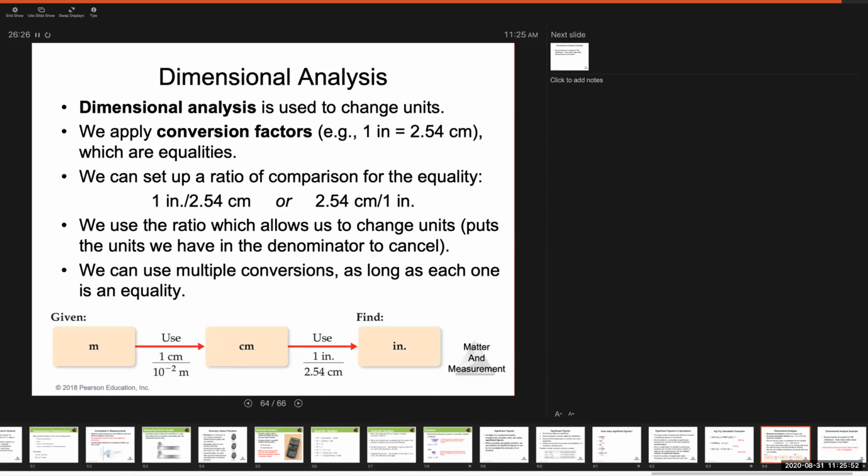Then our next conversion is 1 inch is equal to 2.54 centimeters. So our centimeter units, once again, with 2.54 centimeters in the denominator, would cancel the centimeters, and then the final units would be inches. Then you'd have an answer in inches. So there you have a two-step dimensional analysis to go from meters to inches.